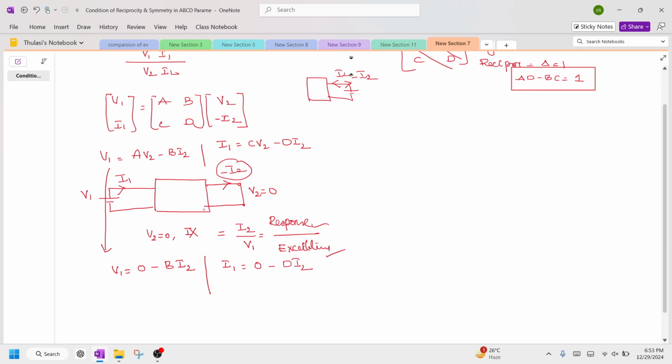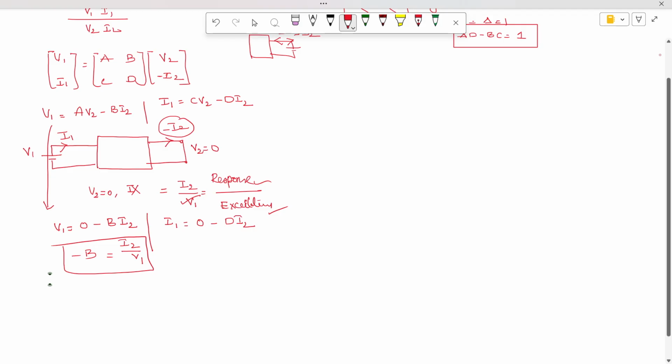What ratio do we require now? I2 by V1. So bring V1 to the denominator, and this is nothing but minus B. Now we got the value of B.